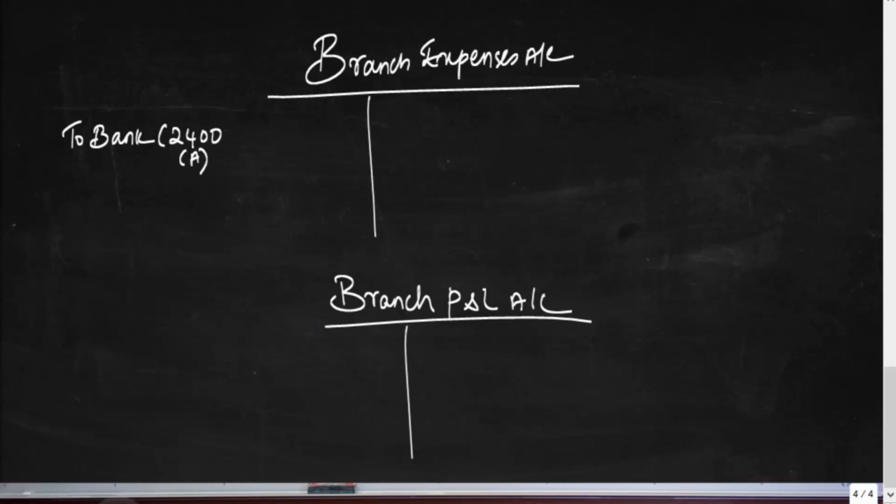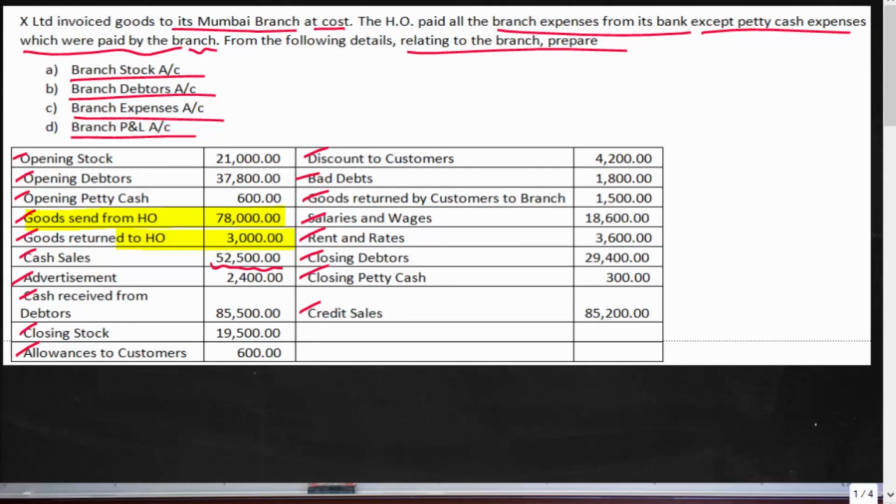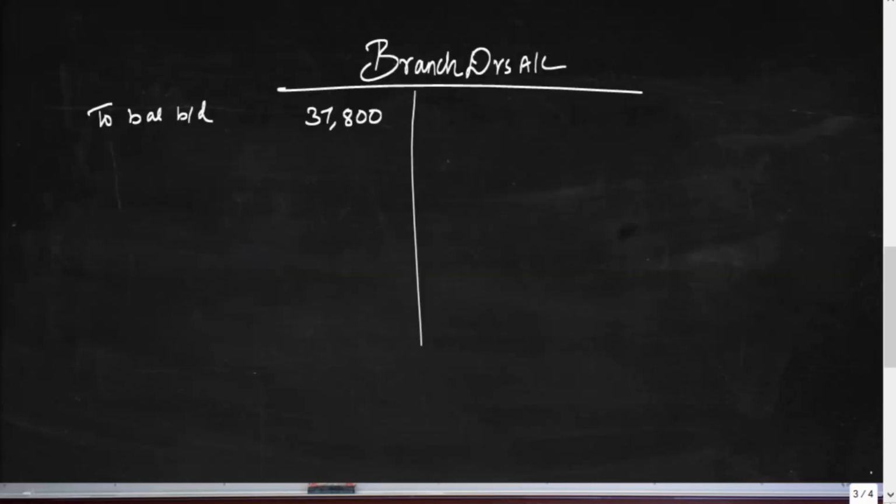Okay, and coming back, next we have cash received from debtors 85,500. We'll factor that in branch debtors account because cash received from debtors will reduce the debtors balance. So we'll write by cash. What is the amount?